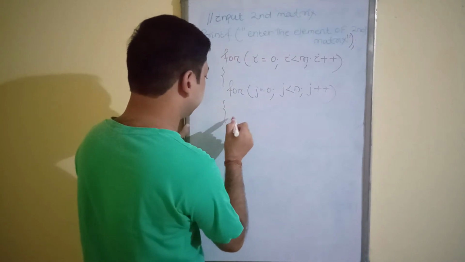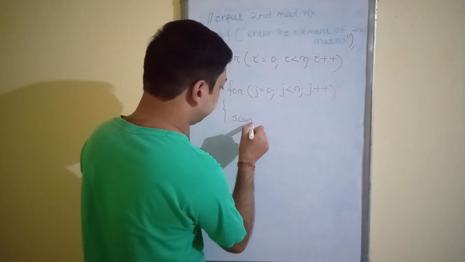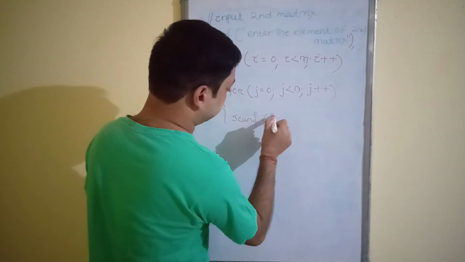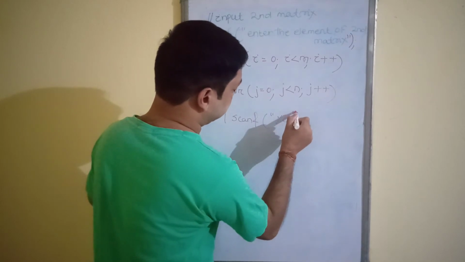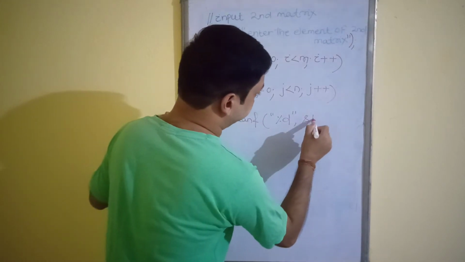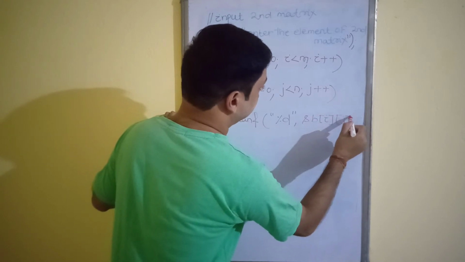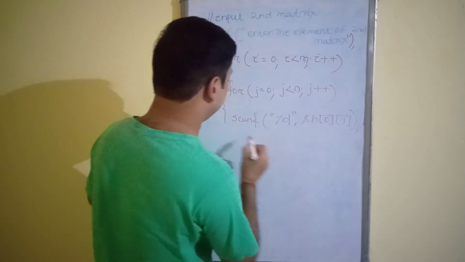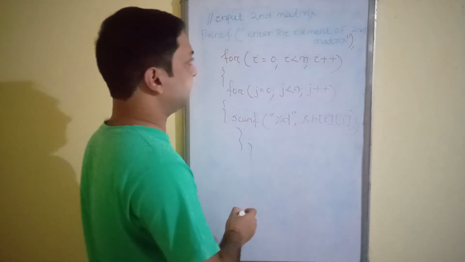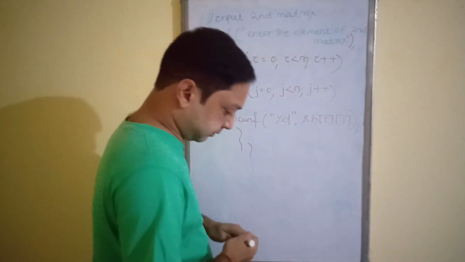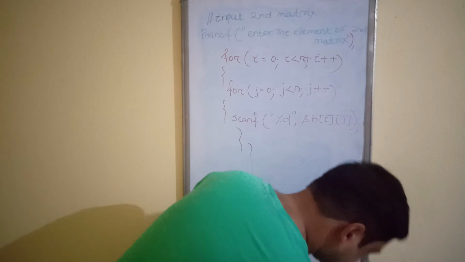So for the scanf, we will write scanf percentage d, ampersand b of ij. So this is the simple third step. We have inputted the elements of the second matrix, so now we will move to the next step.